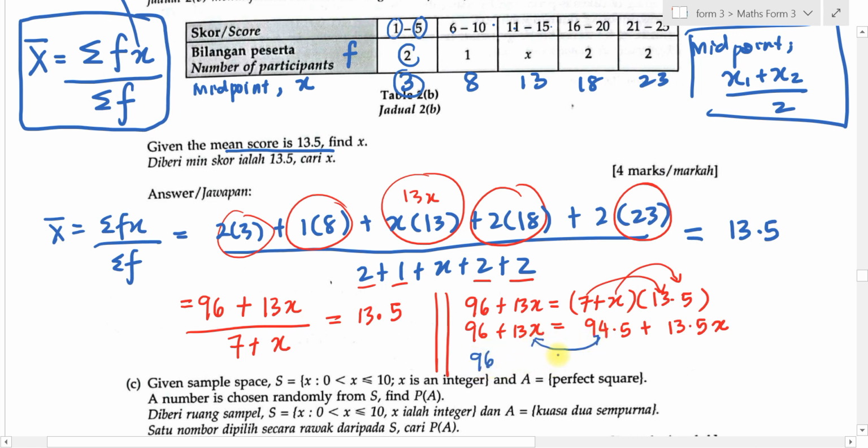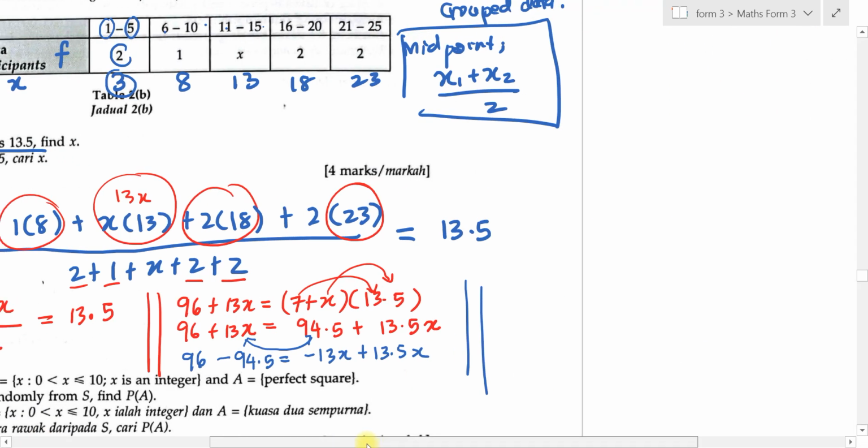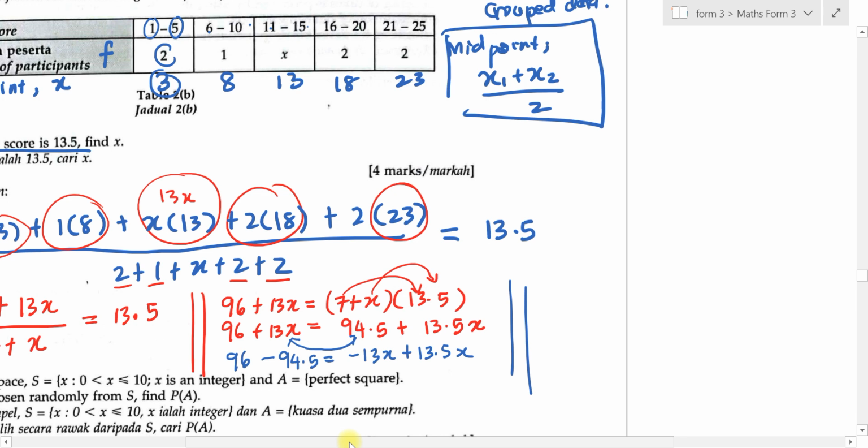So 96 is here, 94.5 comes here with a minus, and negative 13x is here, plus 13.5x. 96 minus 94.5, I'm getting 1.5, equals negative 13x plus 13.5x, which gives 0.5x. So 1.5 divided by 0.5 equals x. So your x equals 3.